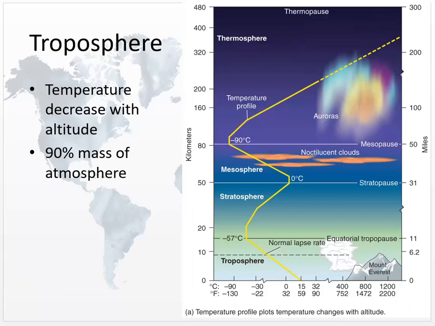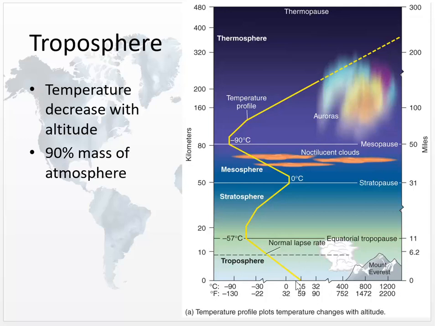All right, starting with the troposphere, which is the area of atmosphere that is closest to Earth's surface, you'll notice that 90% of all of Earth's atmosphere is within the troposphere. So as the density and air pressure decreases as we go up in altitude, 90% of all of Earth's atmosphere, all that density, all that pressure, is going to rest within the troposphere.